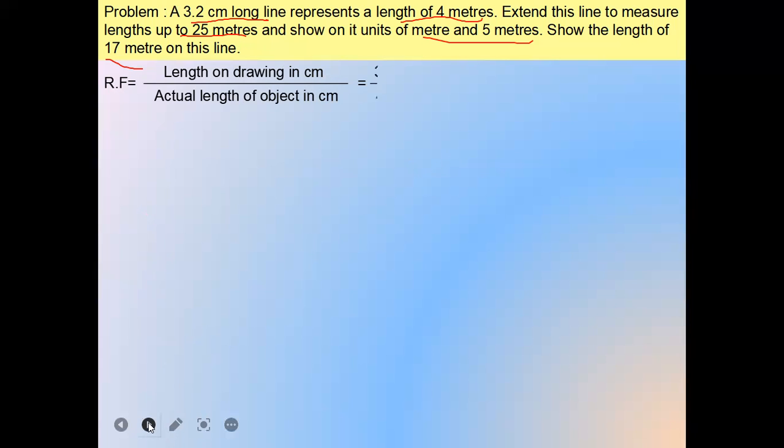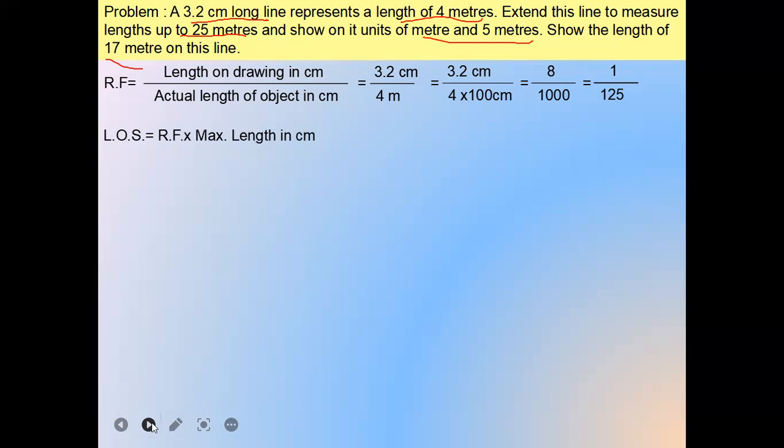So it is 3.2 centimeter upon 4 into 100, converting meter into centimeter, because 1 meter is equal to 100 centimeter. So RF is 8 by 1000 or 1 by 125, and RF is unitless because both are given in centimeter.